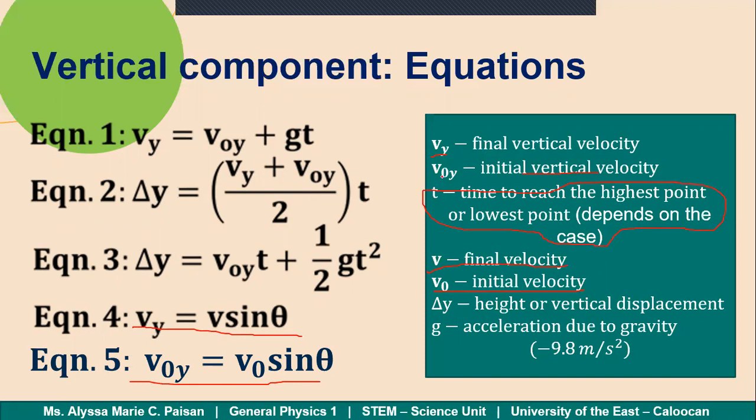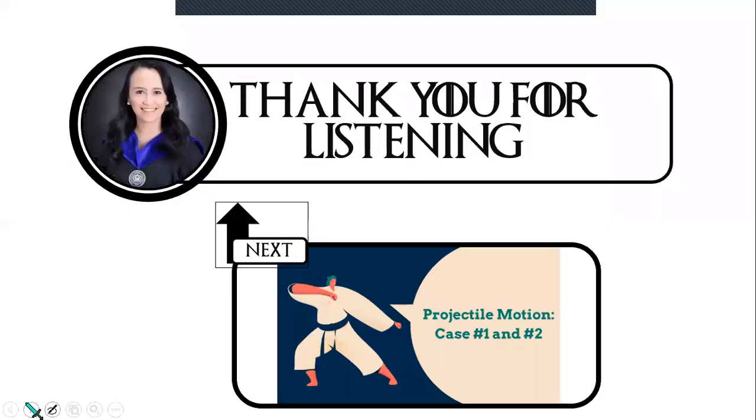X and y man yan, pareho lang siya, no? Wala siyang kinikilalang direction kasi scalar siya, no? Kaya wala kang makikita t sub x o kaya t sub y, walang gano'n, okay? And then delta y is the height or vertical displacement, and the acceleration here is the acceleration due to gravity equal to negative 9.8 meters per second squared.